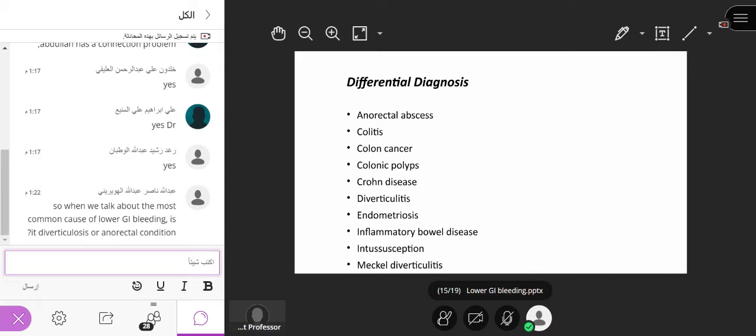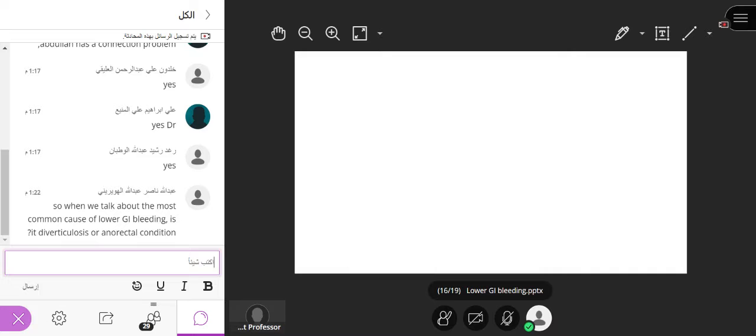Diverticulitis and diverticulosis: diverticulosis means just the presence of diverticula in the sigmoid colon. They can be asymptomatic or symptomatic. When symptomatic, they may cause a dragging sensation and pain, and when they become infected, we call it diverticulitis. Even endometriosis sometimes, ectopic endometriosis. Intussusception in children may present as hematochezia, and Meckel's diverticulum. You know that.